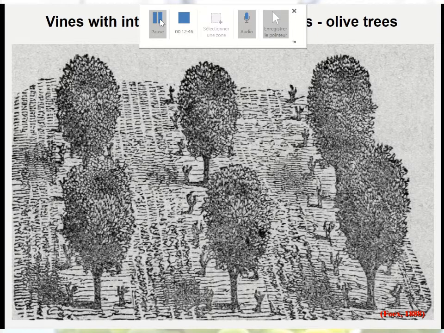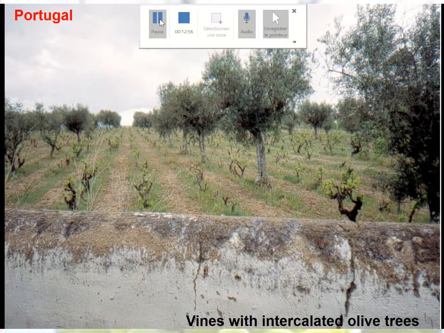I saw a bit of those vignes intercalaires in France, in the south of France and in Portugal. It's coming back for many reasons. This is an example of vigne intercalaire in Portugal. So you see that you have vines in goblets and olive trees.